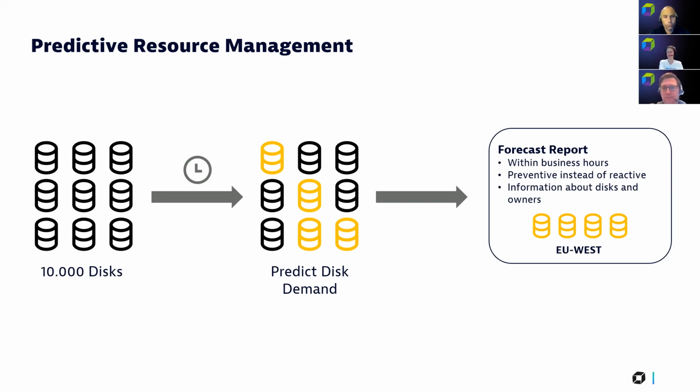These results can then include, for example, the people who are responsible for the resources, and they are informed before any critical incidents happen. So this enables you to create a more optimized and also employee-friendly way of maintaining your infrastructure.